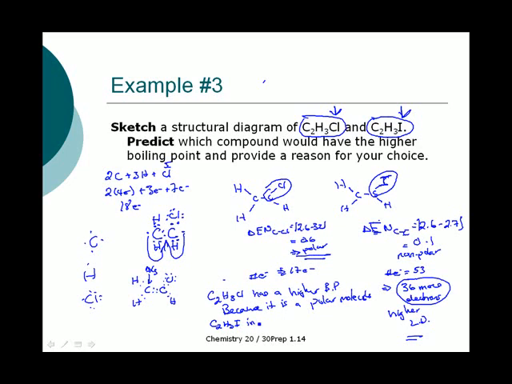C2H3I is not polar. And that would be a reasonable answer with a good reason for your choice.